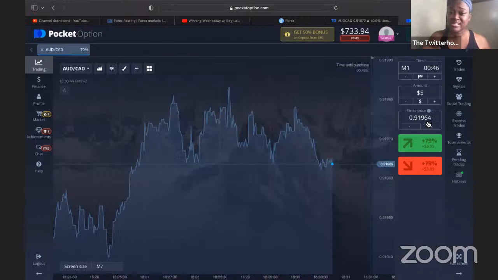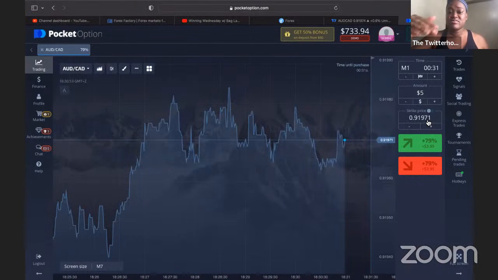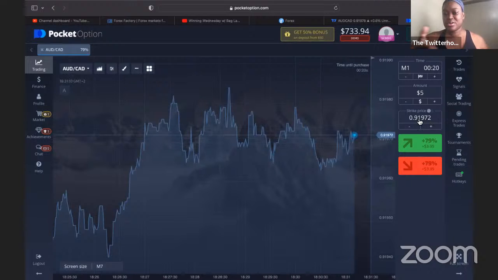You want to get in as low as possible to take the ride up. If price is going down, if my analysis says that price is going down, and I call out a price, like say 970, it would be 970 or higher. You want to get in as high as possible to take that ride down. So that's the third thing, the strike price. And the fourth was there in the explanation of that.